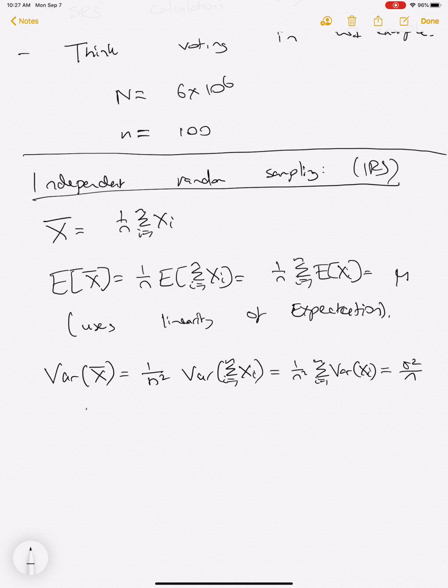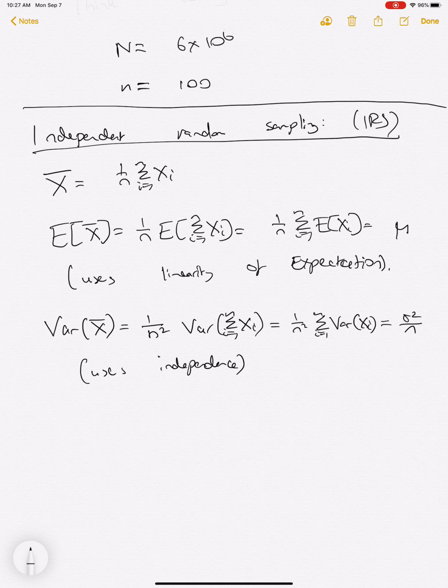So this is where we use independence. And this is really the crux of why independent random sampling makes the calculation a lot easier. We'll see that the calculation for simple random sampling is going to be a lot more difficult.